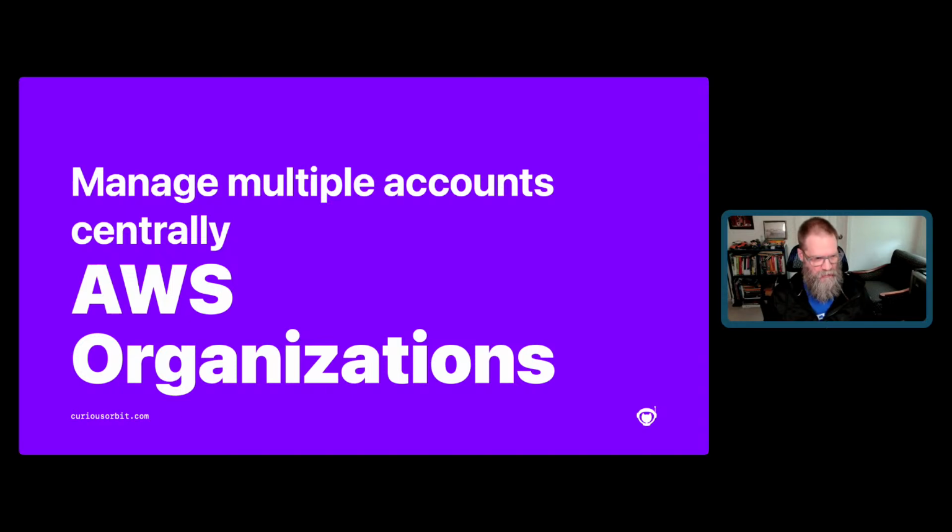Delegated administration allows you to delegate the admin of a service into a member account within your AWS environment. So let's use the same example of GuardDuty. You enable trusted access for GuardDuty, and then you delegate the administration of the GuardDuty service to a member account. A lot of times when we're building this out for customers, we might create a security account, okay? And we delegate the administration of security-related services like GuardDuty to the security account.